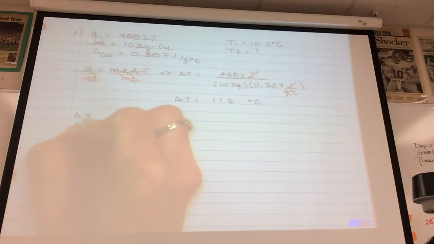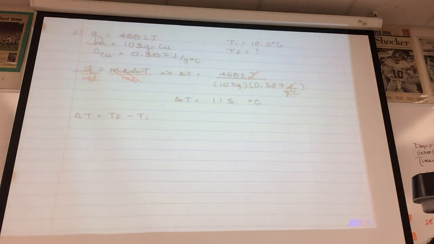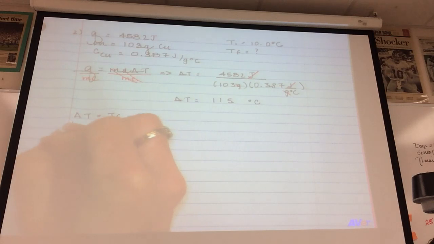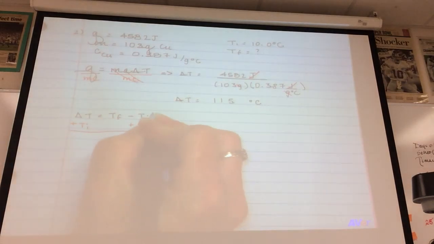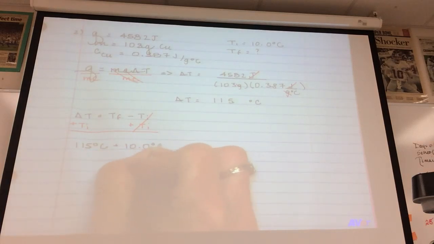Now my delta T is equal to my T final minus my T initial. I want to solve for T final, something subtracted from it, so I will add it to both sides. Be very careful in your solving. It's easy to make an error. So I've got 115 degrees Celsius plus my initial temperature.